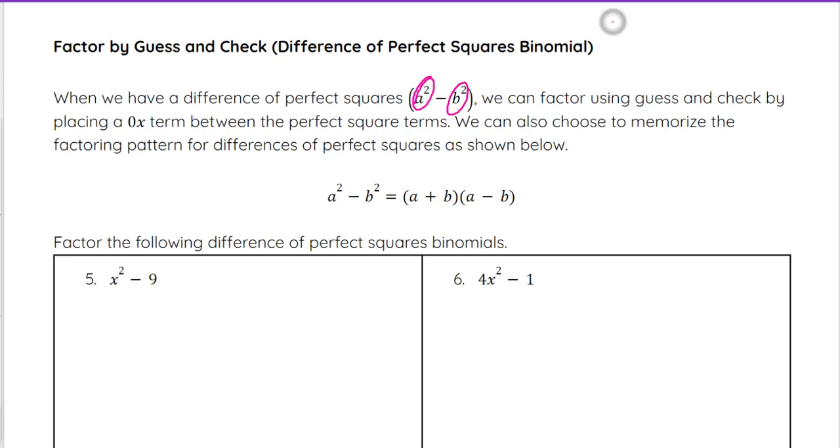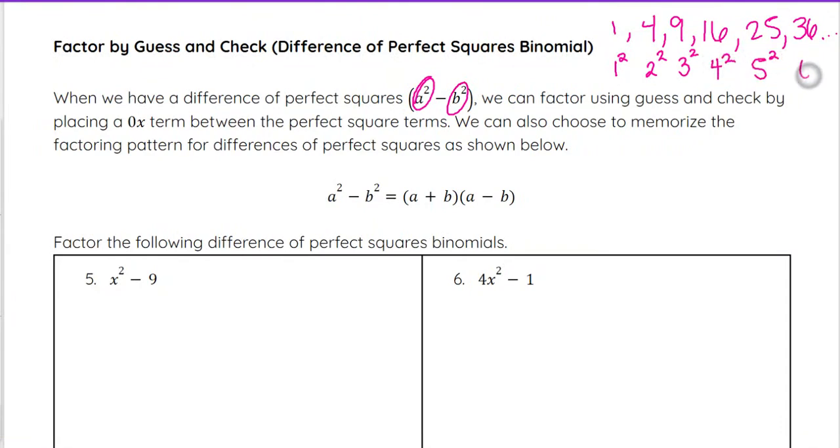So for example, 1, 4, 9, 16, 25, 36, and so on are perfect squares because 1 squared is 1, 2 squared is 4, 3 squared is 9, 4 squared is 16, 5 squared is 25, 6 squared is 36, and so on. So there's a whole number times itself that gives you 1, that gives you 4, that gives you 9, that gives you 16, and so on.